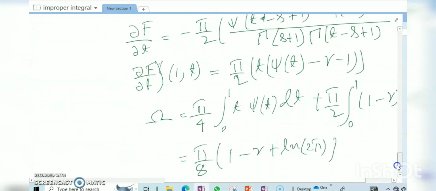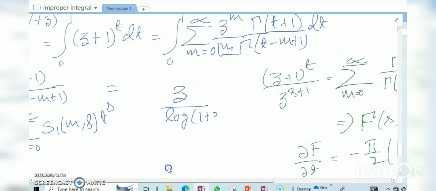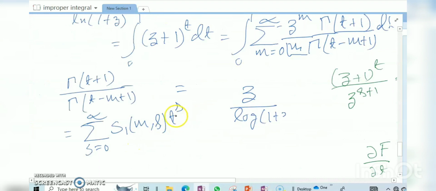Okay, I am changing this method and I get the same. And if you convert it into series term, this way you can just convert into series term. So how can you change this series? You can convert it into Bernoulli numbers.